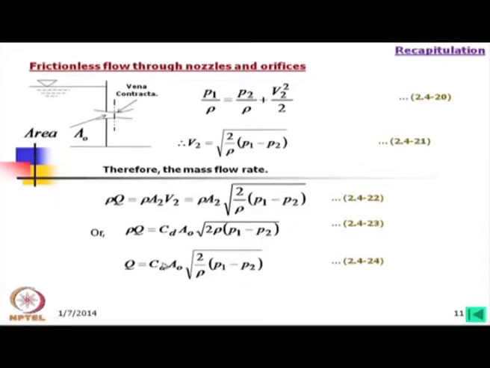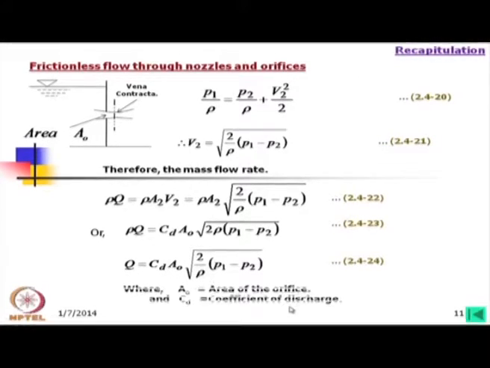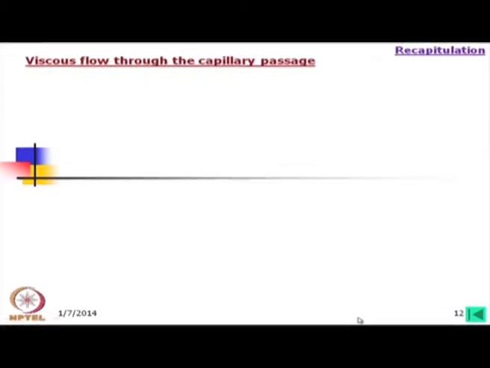In any fluid power calculation, if you face this equation and no CD is given, you may consider it to be 0.6. Here A0 is the area of the orifice and CD is called the coefficient of discharge, which again has two other components, the velocity coefficient and the area coefficient.